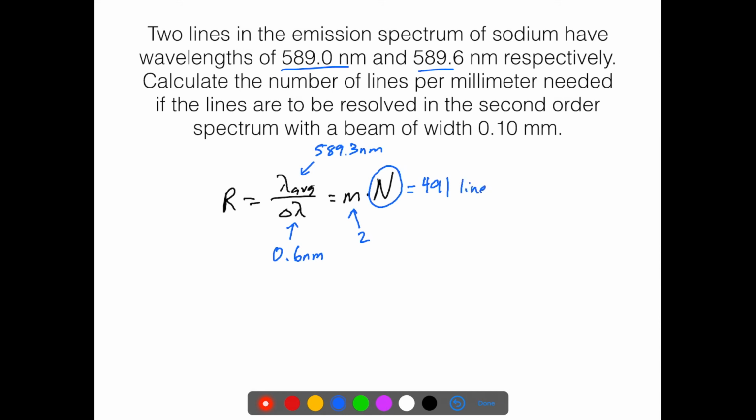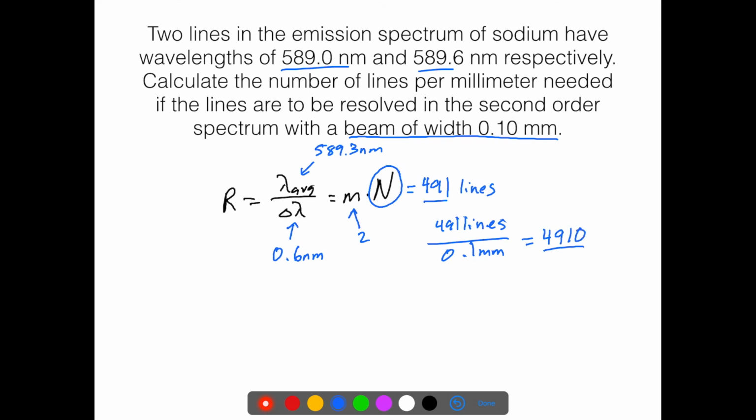So if I need 491 lines, and the beam has a width of 0.10 millimeters, the question is how many lines per millimeter are needed? Well, I need 491 lines in 0.1 millimeter, because that's the width of the beam and that's the number of lines that need to be illuminated by the beam.